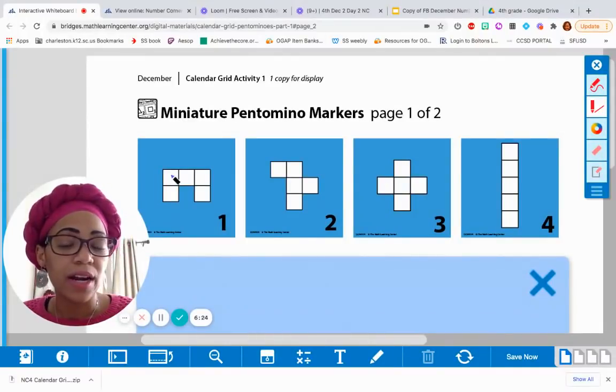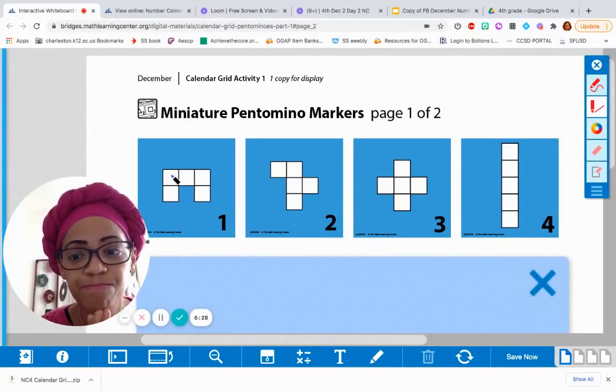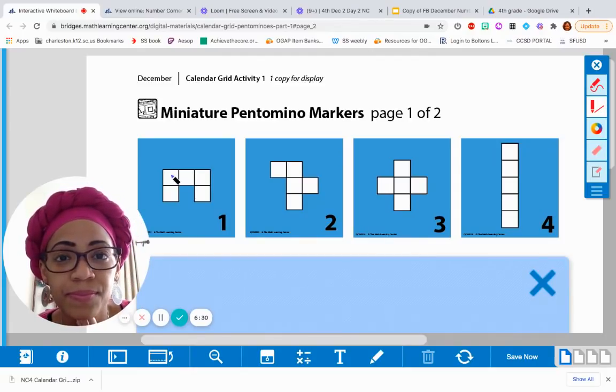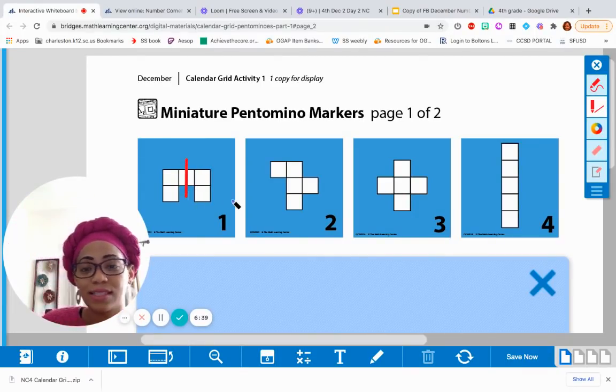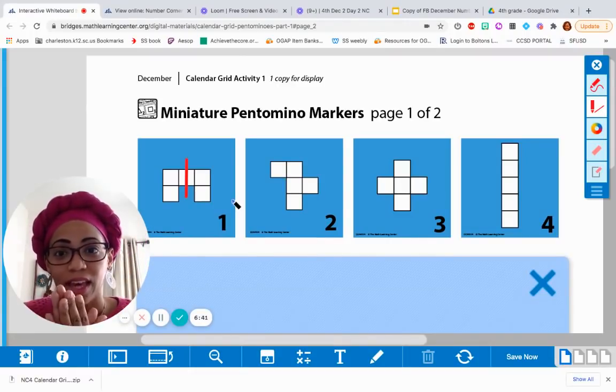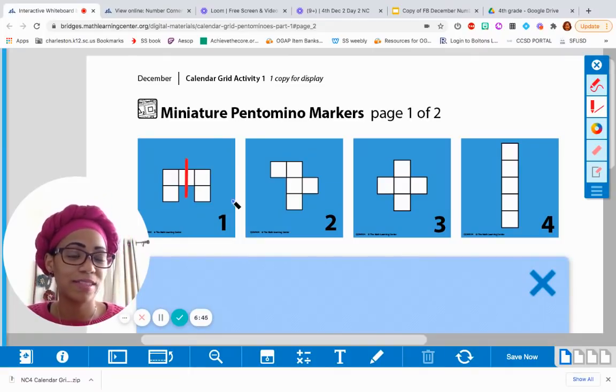So we're going to mark the line of symmetry, and I need to know, where would I mark it? Right here. If I were to fold it along this line, just about, then it would be a perfect match. Perfect line of symmetry.